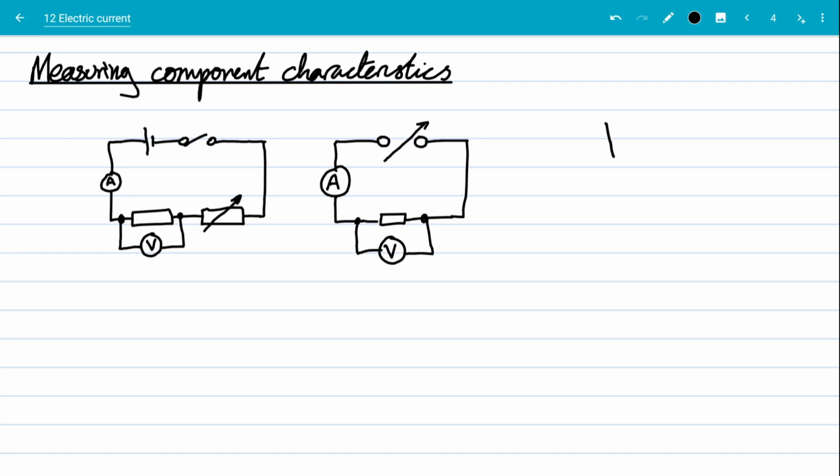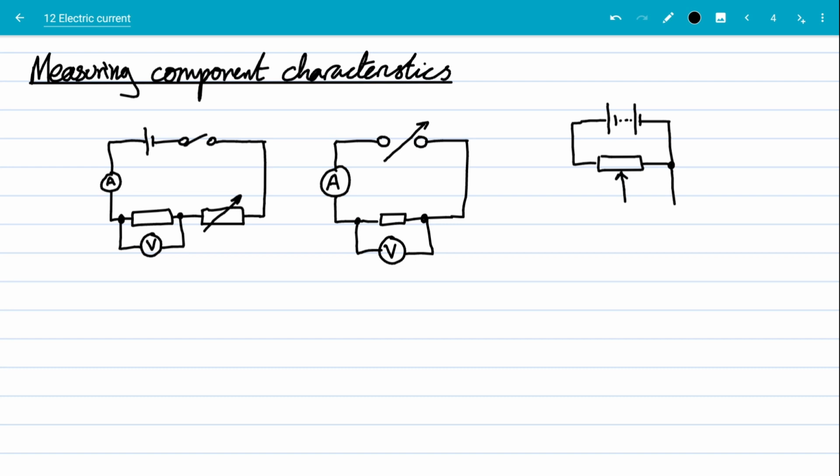So let's say we have a simple power supply. Maybe it's a battery this time. The dots indicate we don't know necessarily how many cells are in it. And we're going to use our potentiometer. So that's a fixed resistor, but then we tap off some of it like this.